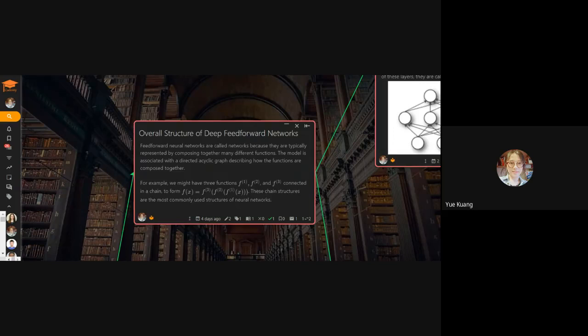The model is associated with a directed acyclic graph describing how the functions are composed together. For example, we might have three functions f1, f2, and f3 connected in a chain to form this equation, and chain structures are the most commonly used structures of neural networks.